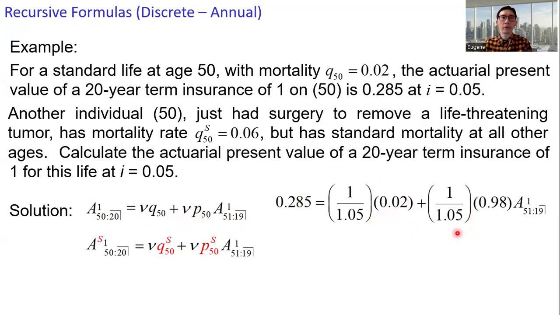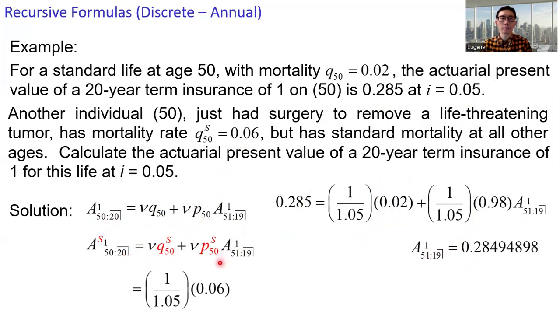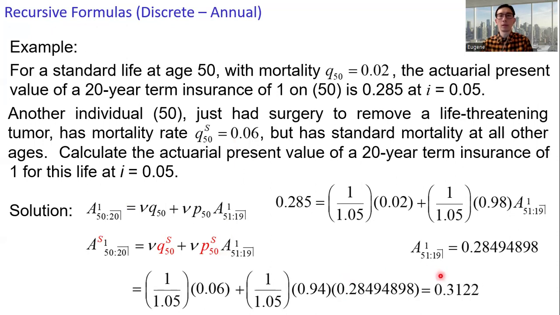From this, we can solve for the 19-year term insurance on age 51. Substitute into the second expression with q50 as 0.06. And then we get the answer, 0.3122.